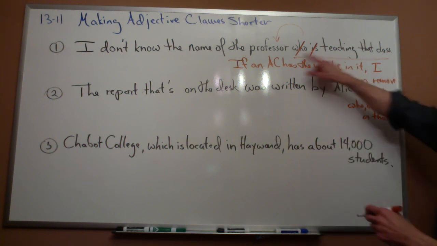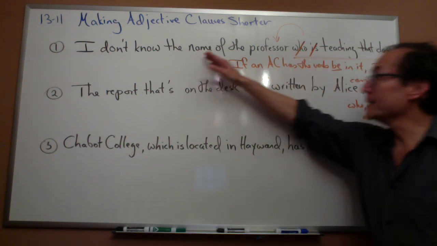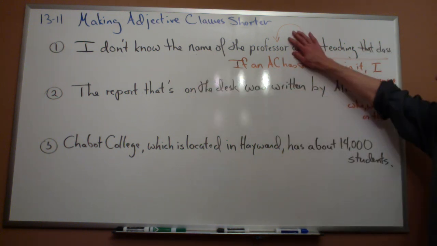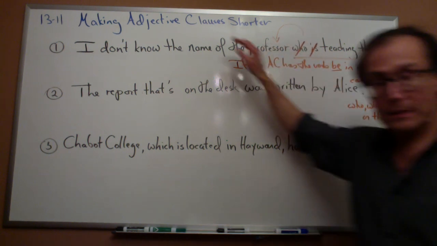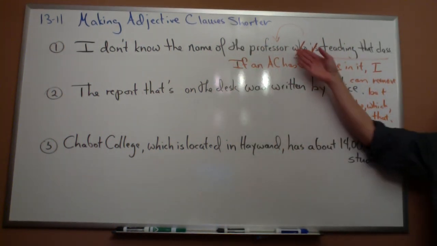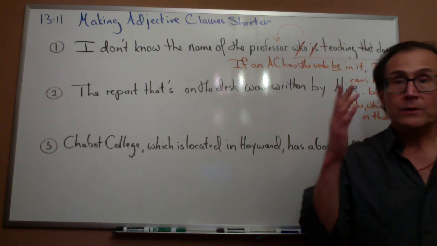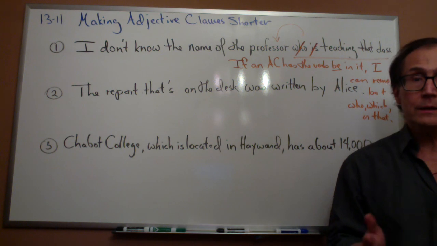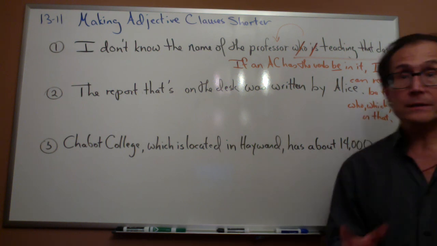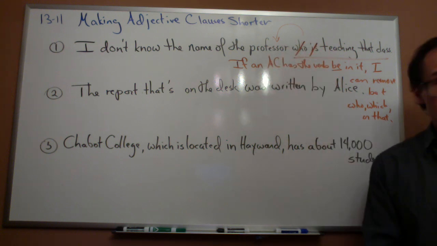So here I remove who and I remove be, and what I'm left with is I don't know the name of the professor teaching that class. It means exactly the same thing as I don't know the name of the professor who is teaching that class. So the meaning is the same. They're both perfectly correct. They're both equally correct, but one is just shorter than the other.